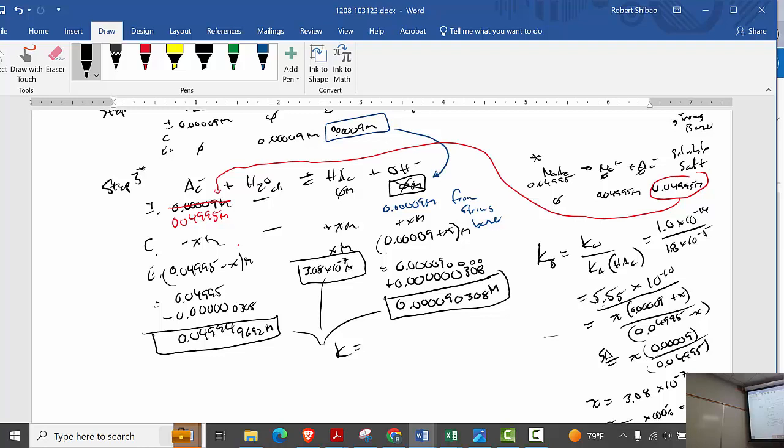So I'm going to get 0.000900308 times 3.08 times 10 to the minus 7 divided by 0.049949692.